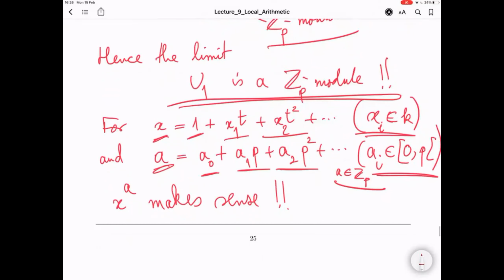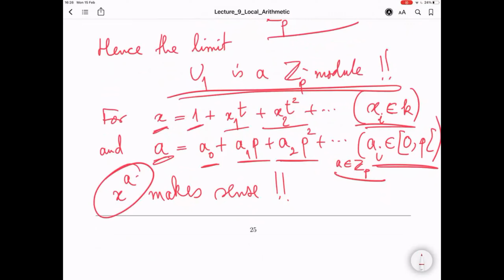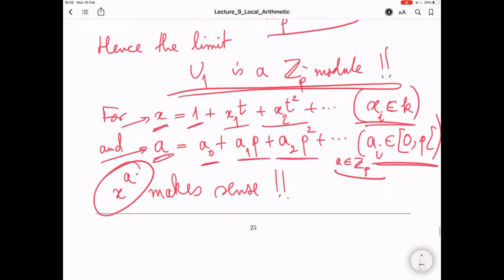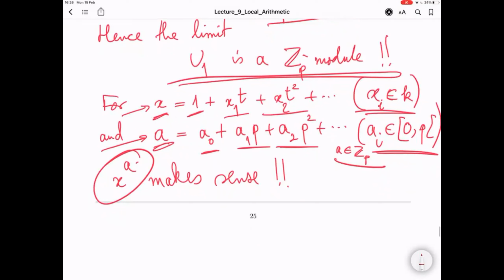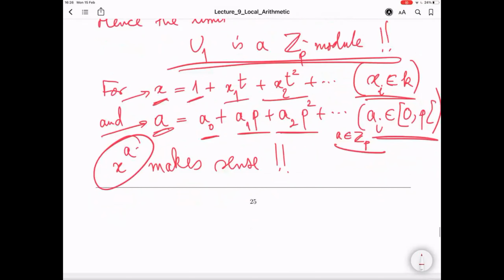And then we are saying that x to the power a makes sense for x, this infinite power series, and for a, this infinite power series in P, where x has this indeterminate T. So, in other words, U1 is a Z_P module.